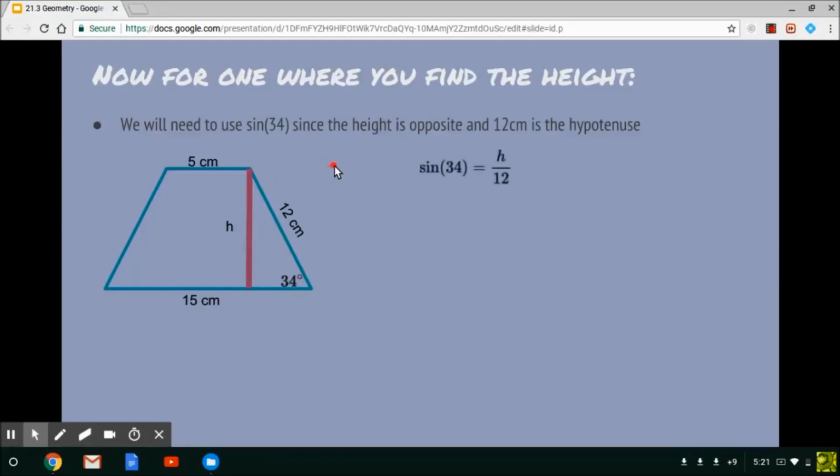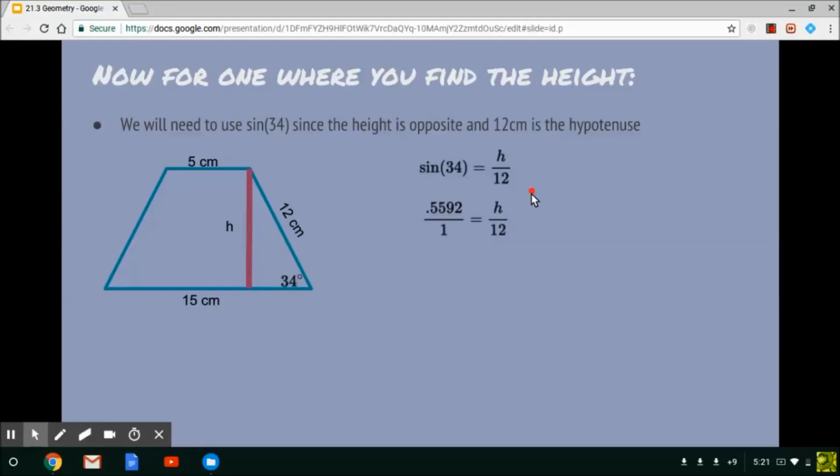Okay, so the equation that we're going to set up is sine of 34 equals h over 12, since it's opposite over hypotenuse. So then the sine of 34, if we type that into our calculator, is 0.5592 if we round to 4 decimal places. So we're going to say that over 1 is equal to h over 12.